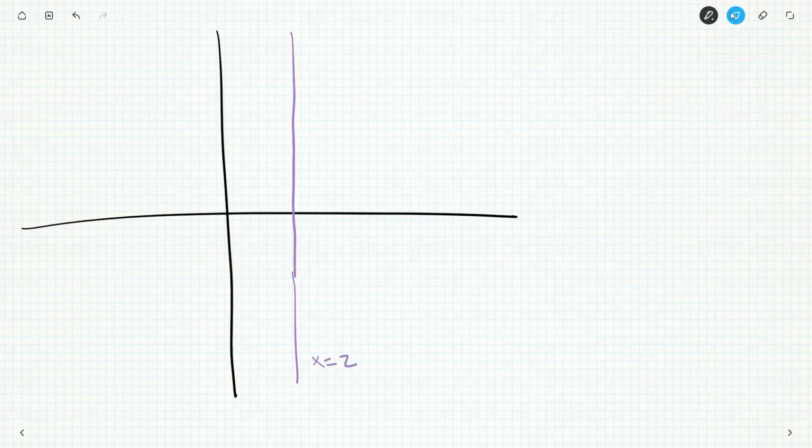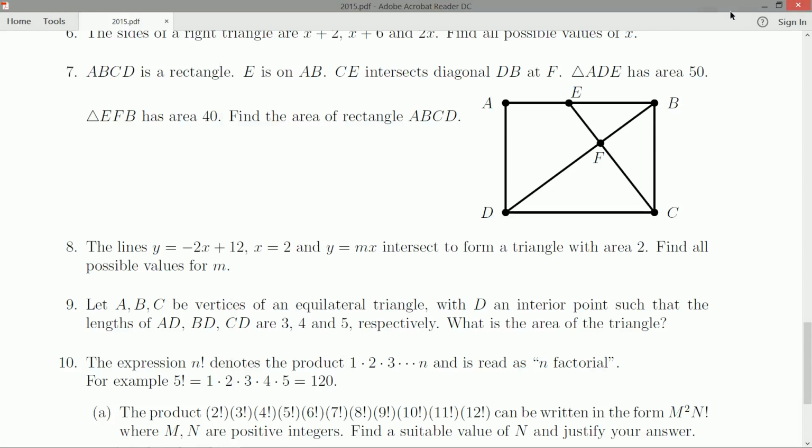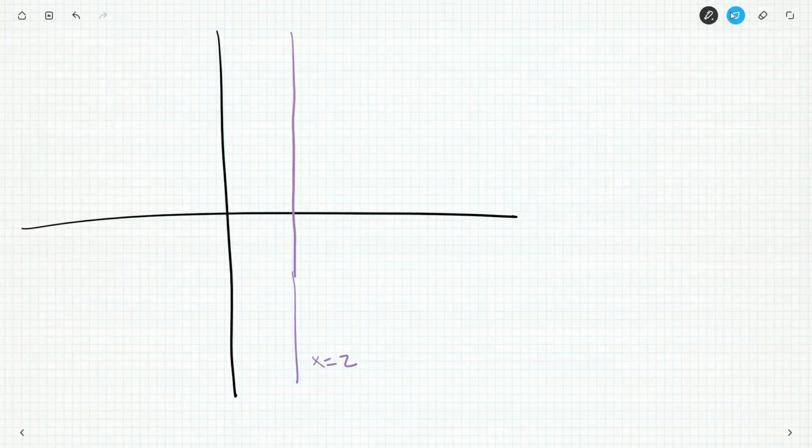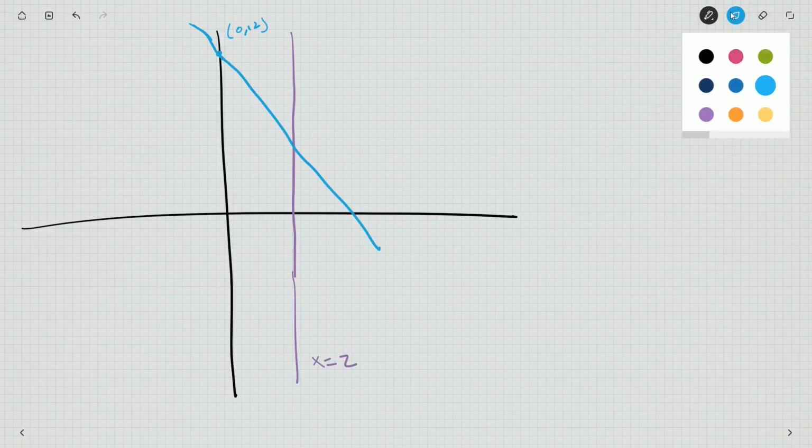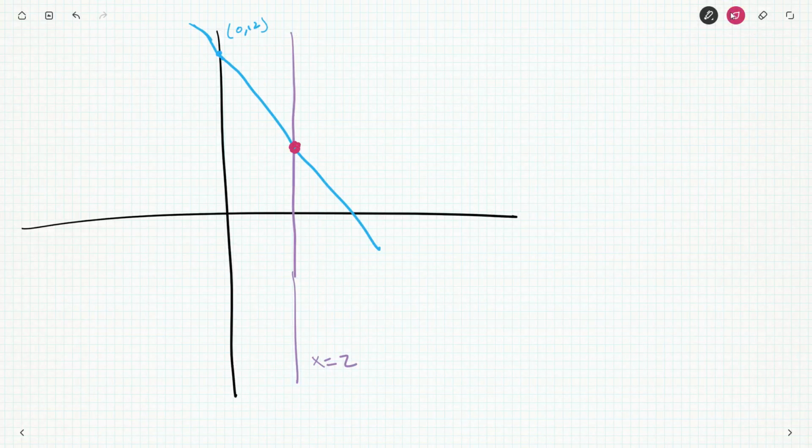And our other line is negative 2x plus 12, so let's say 12 is up here. Negative 2x, so it's pretty steep. And I can actually figure out this intersection point. x equals 2, so negative 2 times 2 is negative 4, so this is actually going to be (2, 8), which I guess doesn't look exactly like that, but there it is.